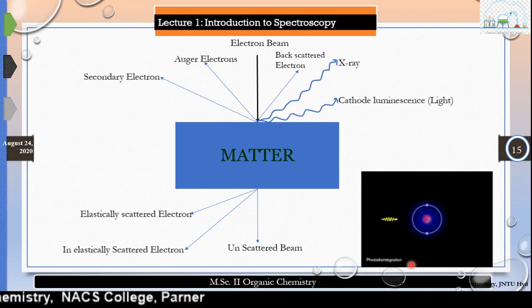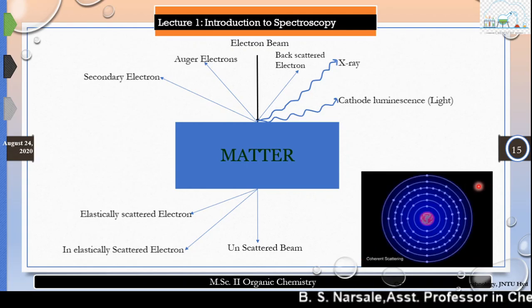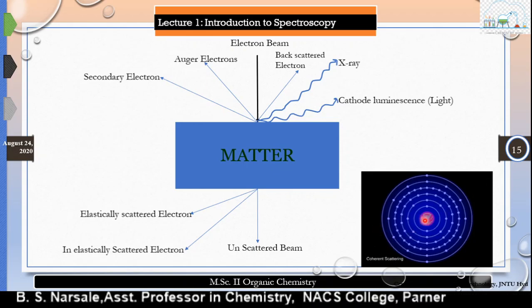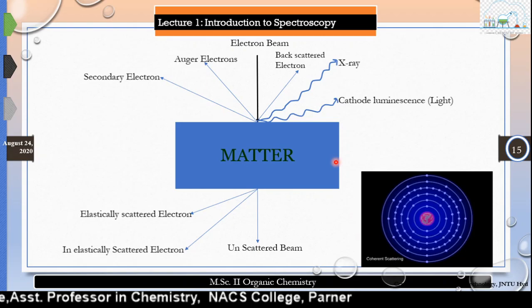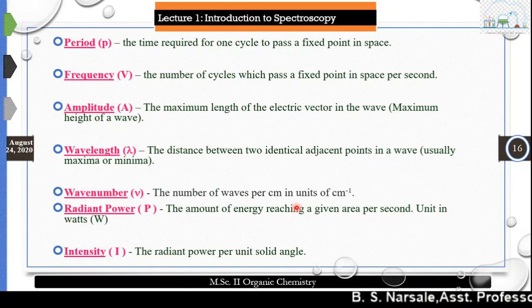And in coherent scattering, the molecules show such types of radiation. These are the different ways to learn about matter or electromagnetic radiation.